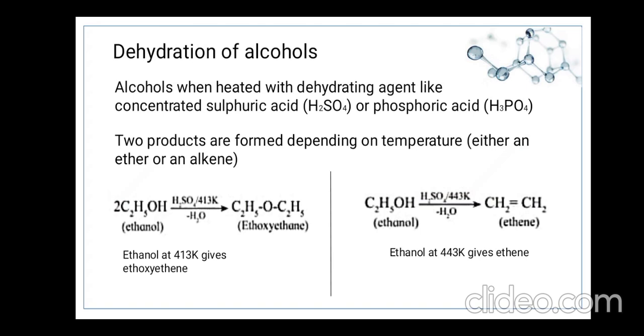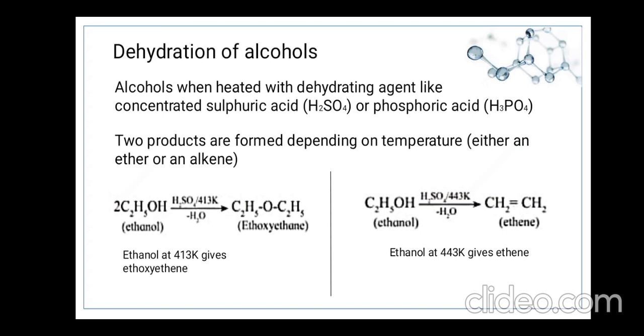Ethoxyethane is formed at 413 Kelvin temperature, and ethylene will be formed at 443 Kelvin. So ethanol gives ethoxyethane at a temperature of 413 Kelvin, and ethanol gives ethylene at a temperature of 443 Kelvin.